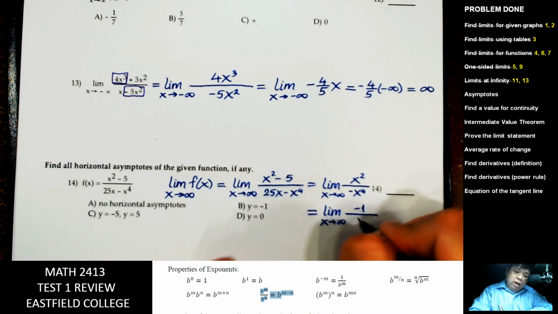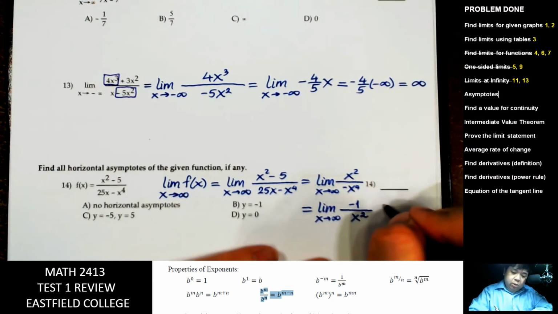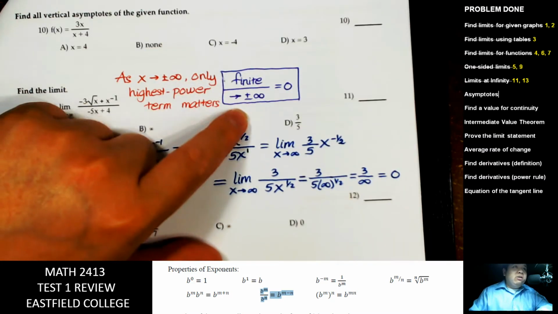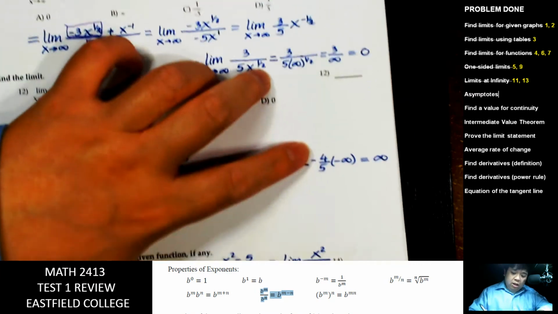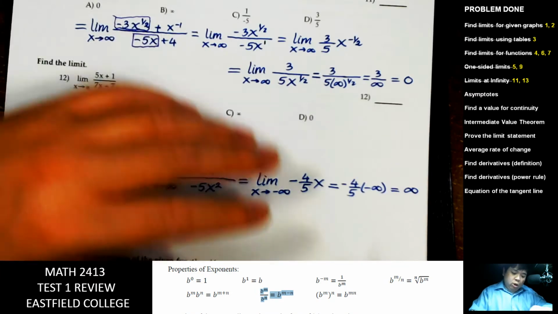X squared will be at the bottom. Cancel the x squared, we have x squared at the bottom. Now we put infinity into it. It doesn't matter if it is positive or negative. We have finite divided by infinity, which is going to be equal to 0. That will be equal to 0.